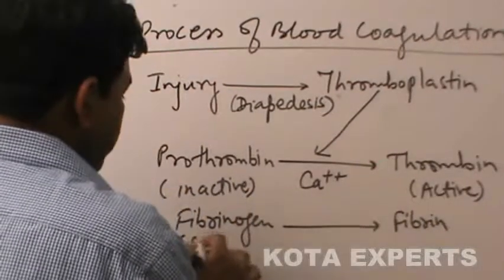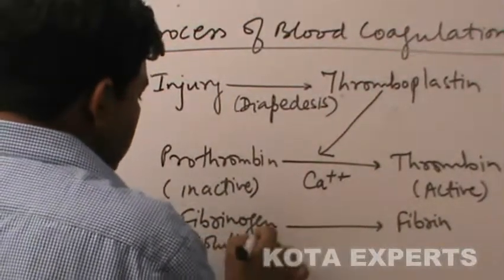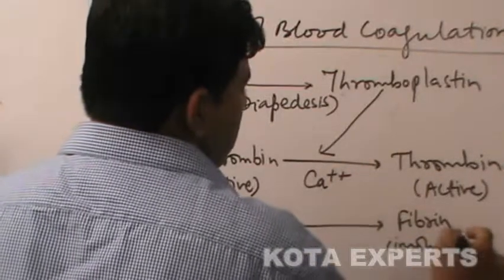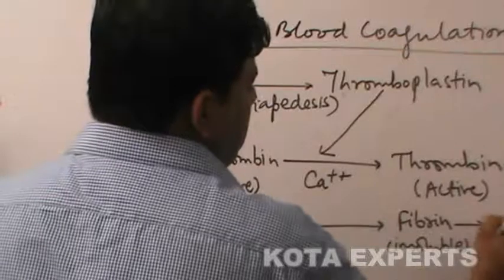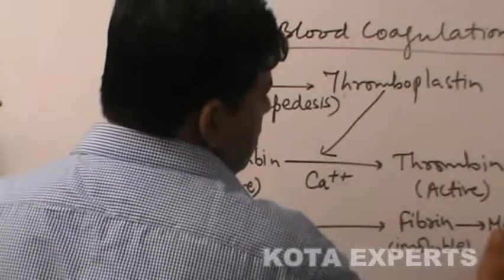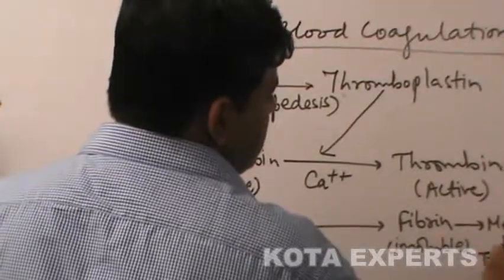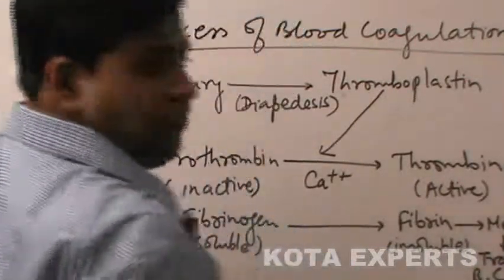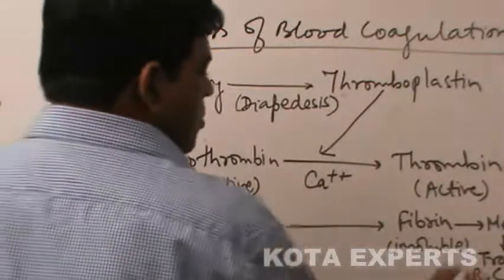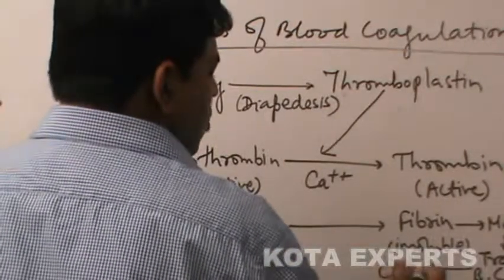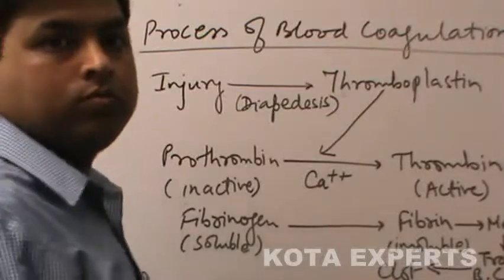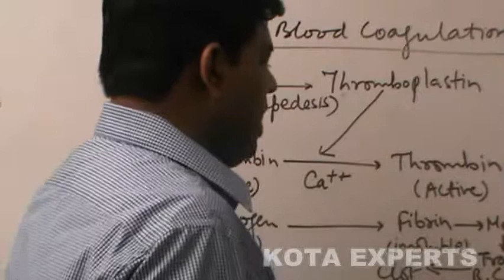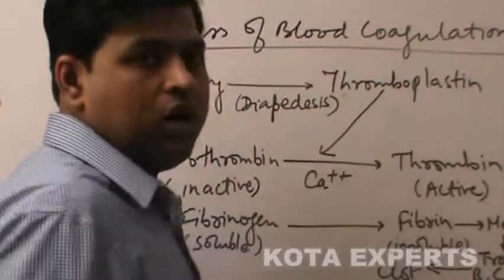Fibrinogen is soluble in plasma and fibrin is insoluble. It will form a mesh-like structure, trap the blood cells and form the clot.